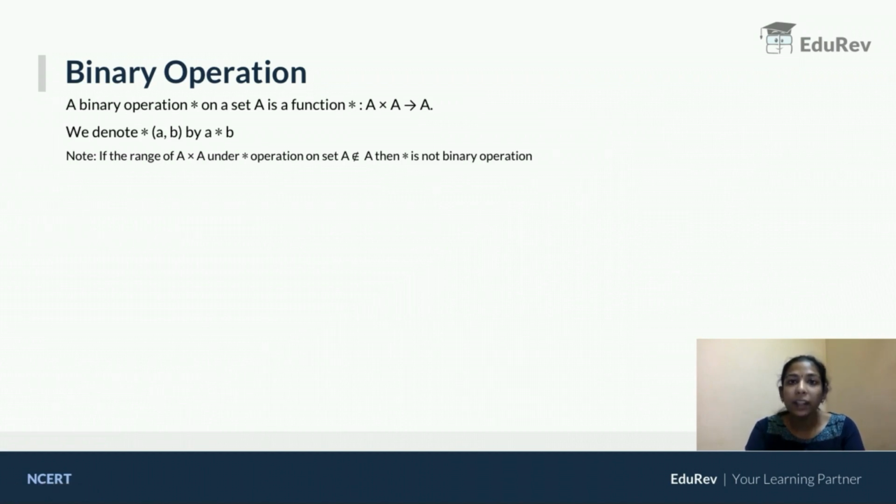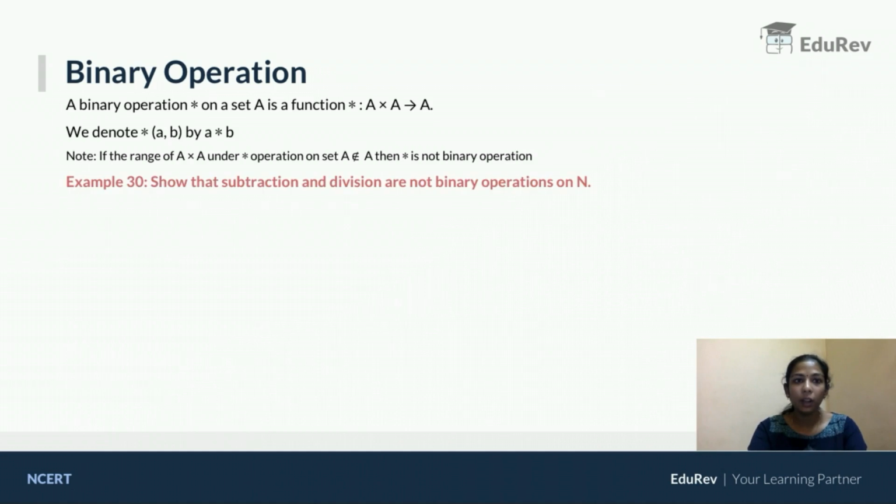So if someone asks whether the given operation is a binary operation or not, you perform the operation on the ordered pair of Cartesian set A, and whatever outcome you get, if it is not in the codomain, that is A, then you will say it is not a binary operation. So remember that the range should always be set A, then only you will say it is a binary operation. Let's try to understand that with an example.